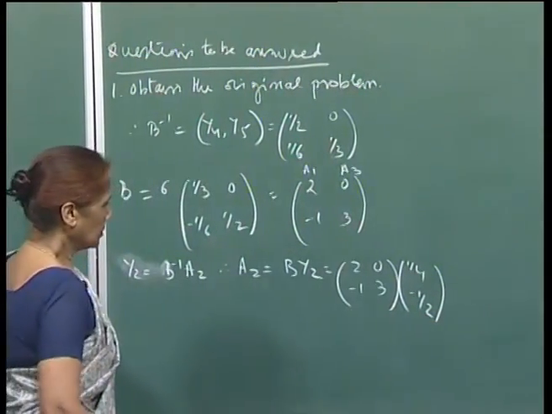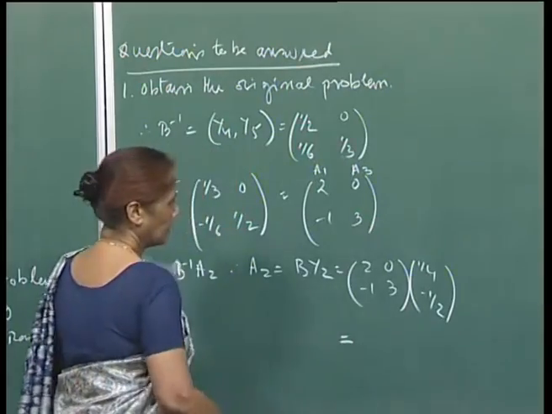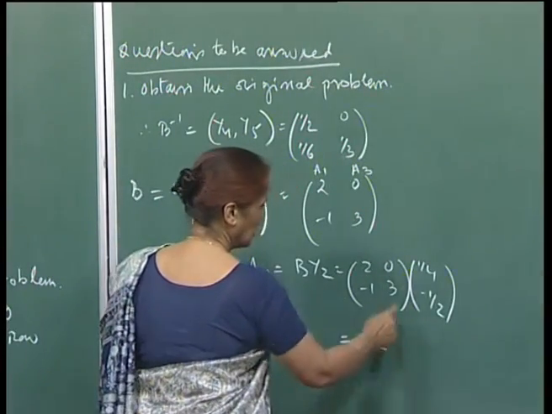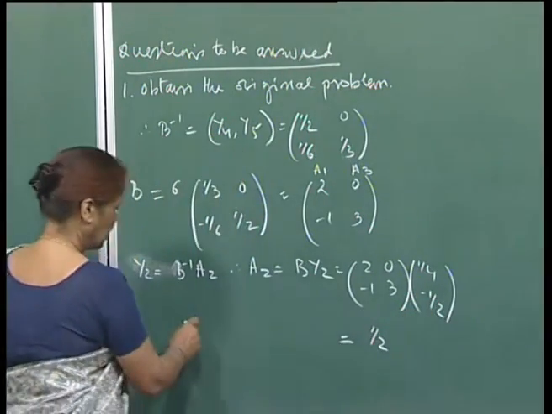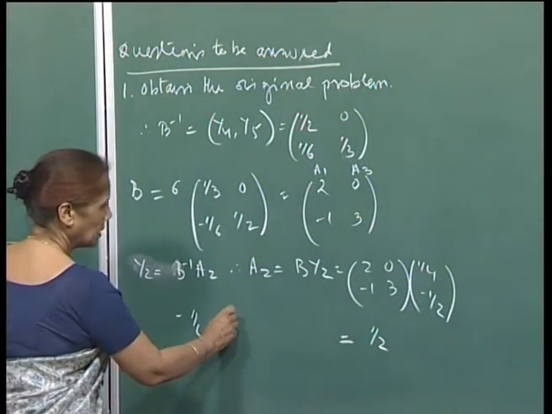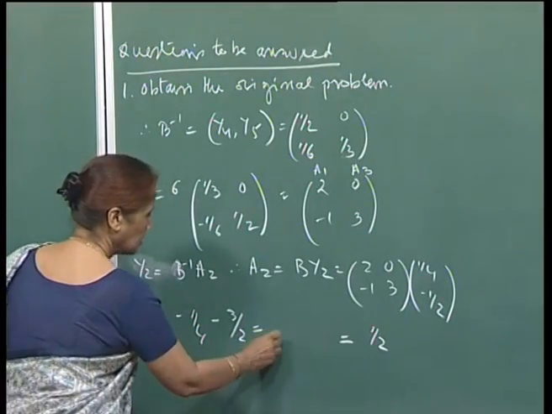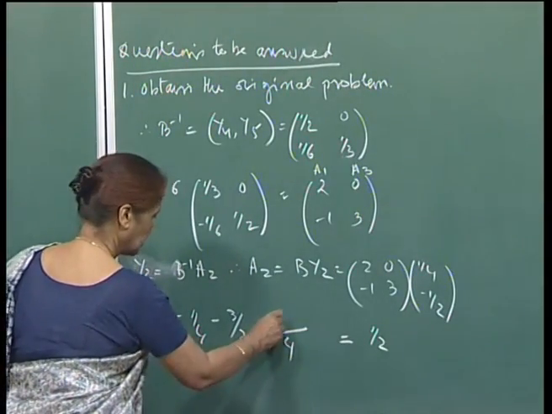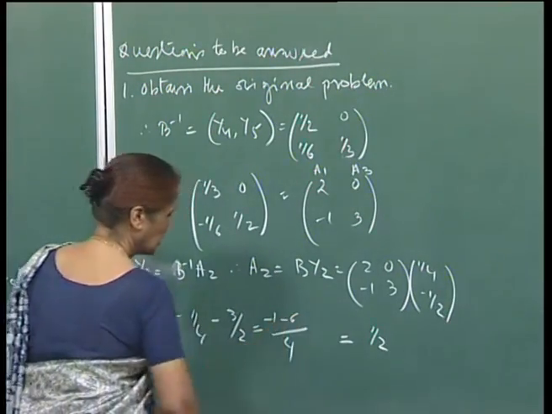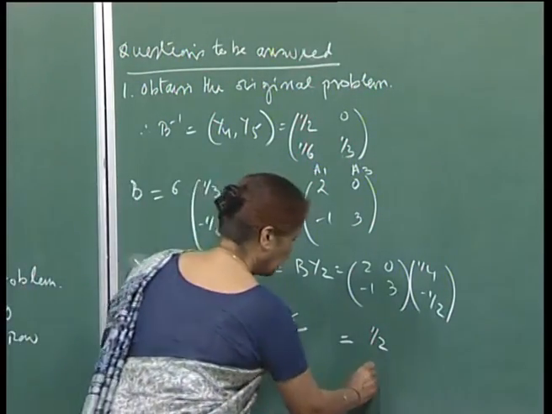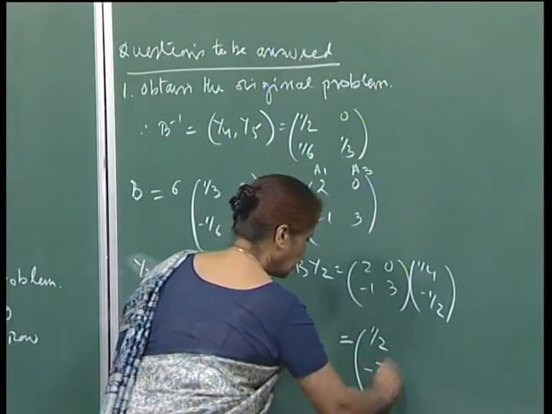Okay, so what do you get from here? This is 1 by 2, and then minus 1 by 4 minus 3 by 2, which is equal to minus 1 minus 6 over 4, so minus 7 by 4. So this is your A2.